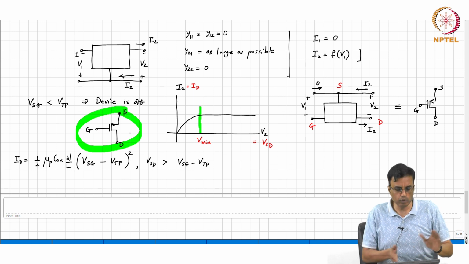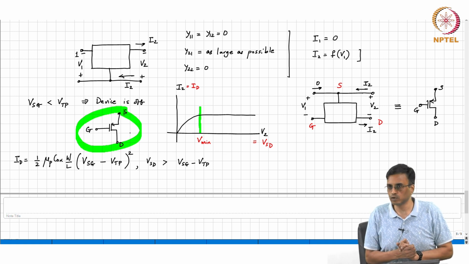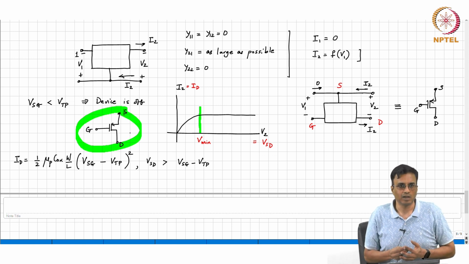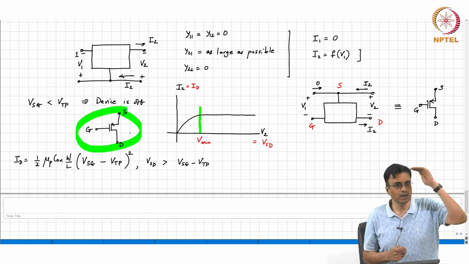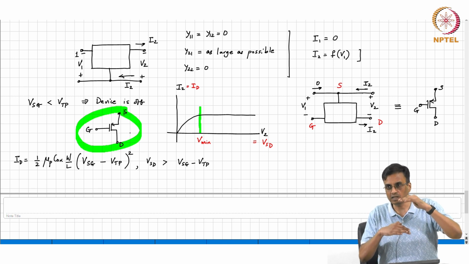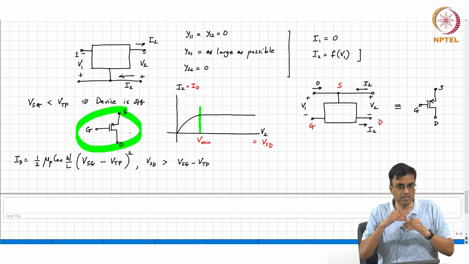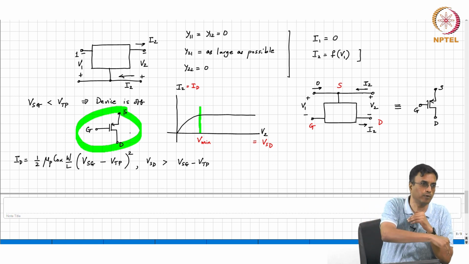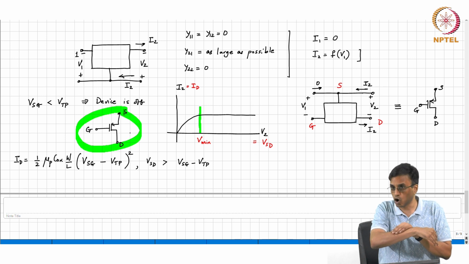If you get confused with regard to the formulas, always use physical intuition. Current always flows from a higher potential to a lower potential. Therefore, in a PMOS transistor, the transistor will tend to get into the triode region, which is the beginning of where the current flow begins to drop.